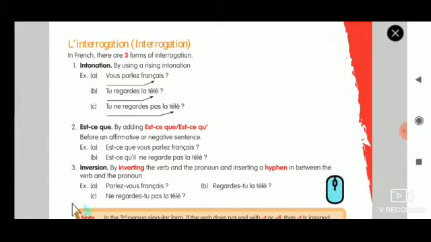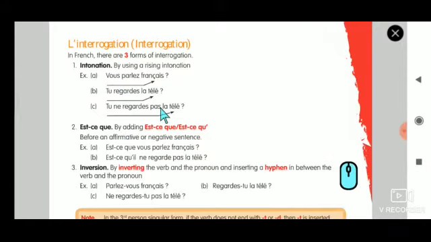First I'll read out the rules once and then I will explain the important exercise from this lesson. L'interrogation. In French, there are 3 forms of interrogation. The first one is intonation, by using a raising intonation. Example: Vous parlez français? Tu regardes la télé?